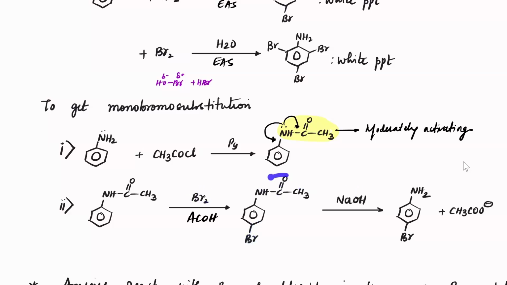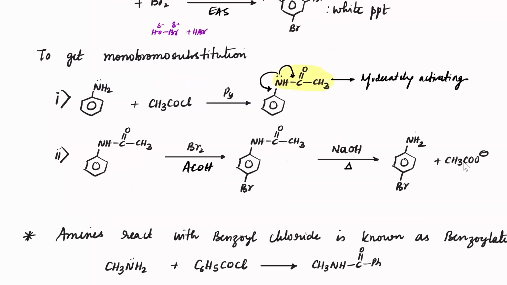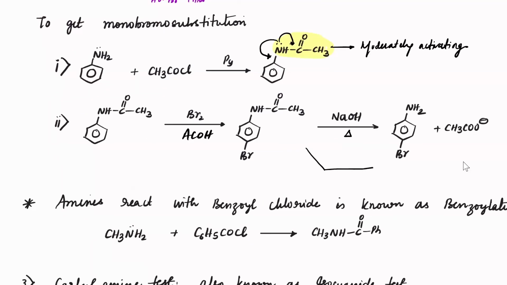Thereafter, when you treat with NaOH and heat for hydrolysis, this can also be done in acidic medium, so even in acidic medium the amides will undergo hydrolysis to give us the amine back. Therefore you will get para-bromoaniline. So this is a single substitution.